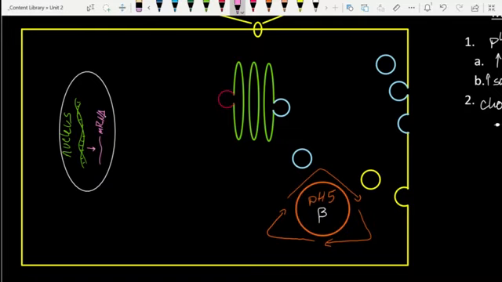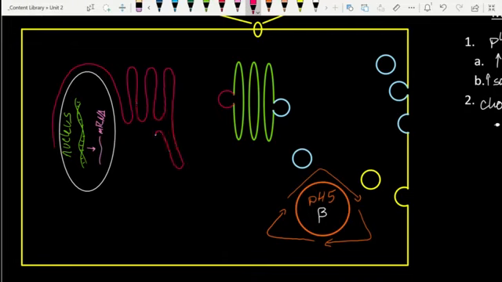One other thing about the nucleus that we have to consider is that it actually has 2 membranes on it. Remember, all of the lines that we see here represent a lipid bilayer. So I have an outer leaflet and an inner leaflet. The nucleus has a second lipid bilayer around it, but the second lipid bilayer is also continuous with the endoplasmic reticulum.